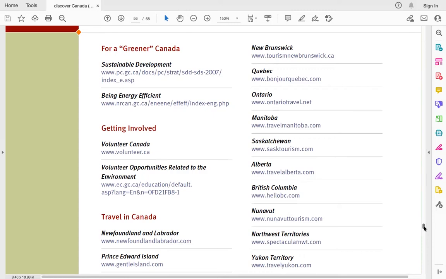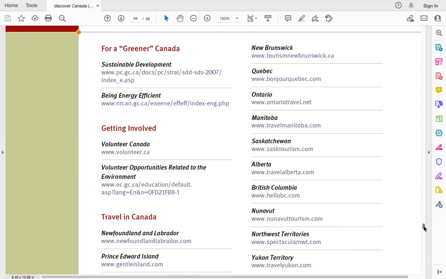Being energy efficient, www.nrcan.gc.ca/ENEENE/index-eng.php.